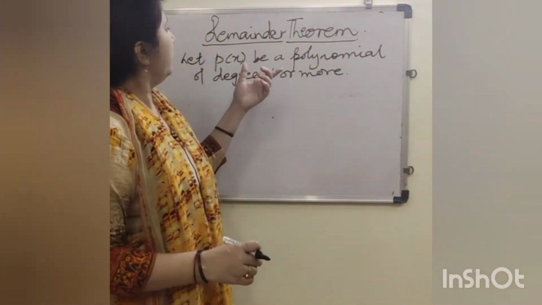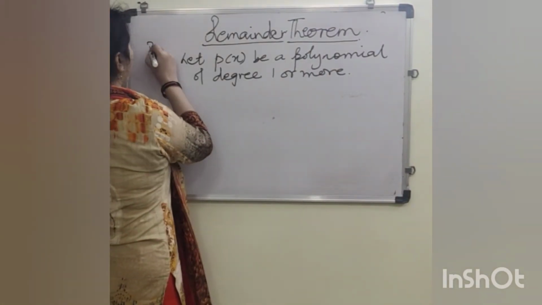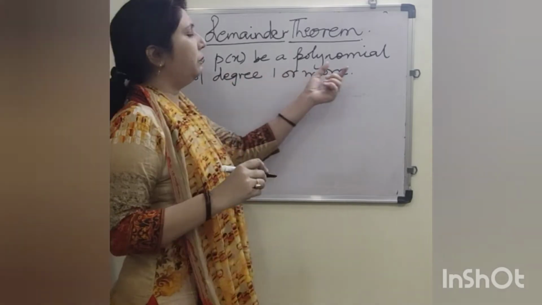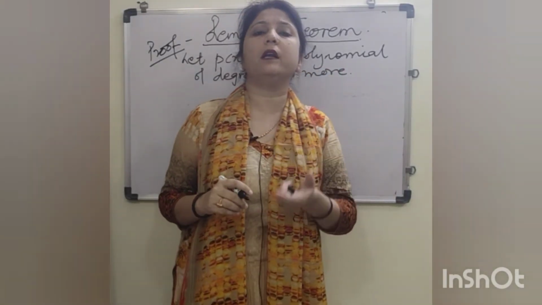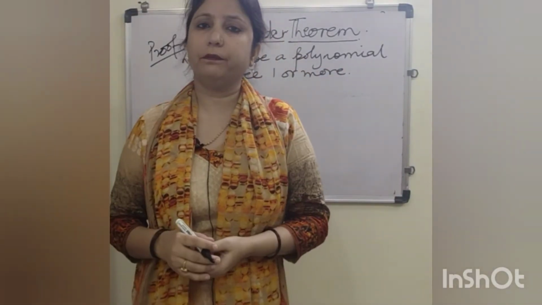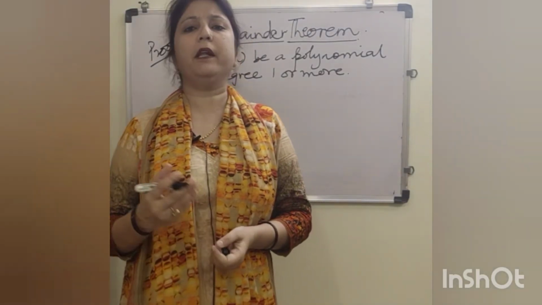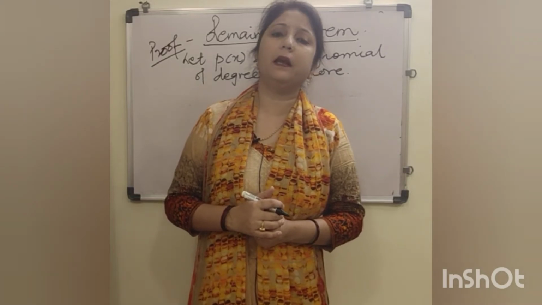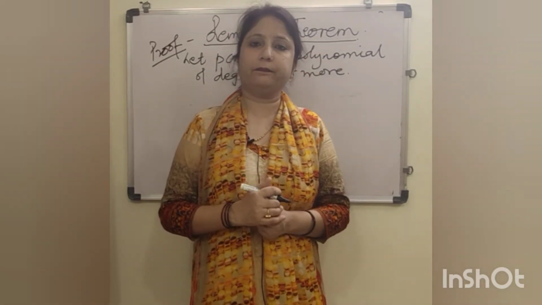Let's begin with the proof of the remainder theorem. Let p(x) be a polynomial of degree 1 or more, depending upon your choice. Now you divide p(x) by x minus a.